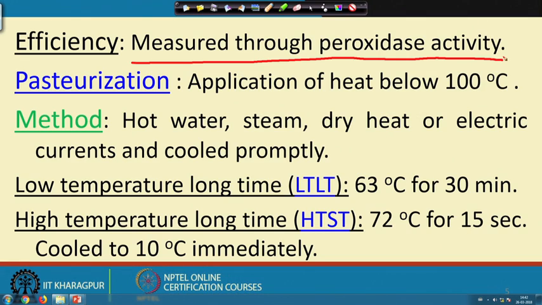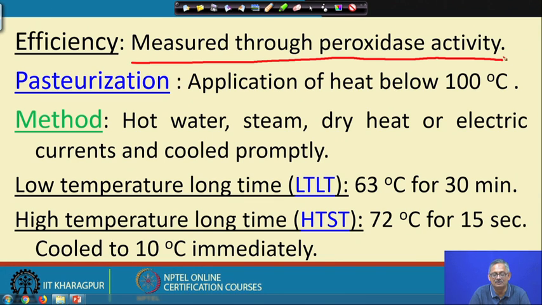There are many ways of doing pasteurization, like hot water, steam, dry heat or electrical currents, all can be used, and this can be coupled with prompt cooling.